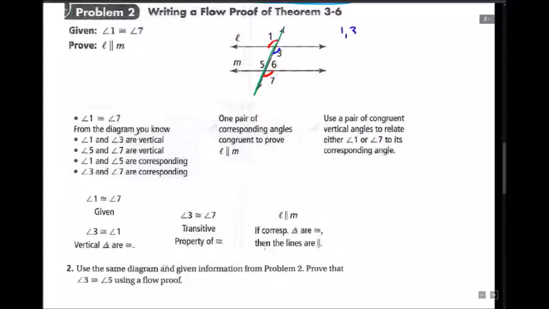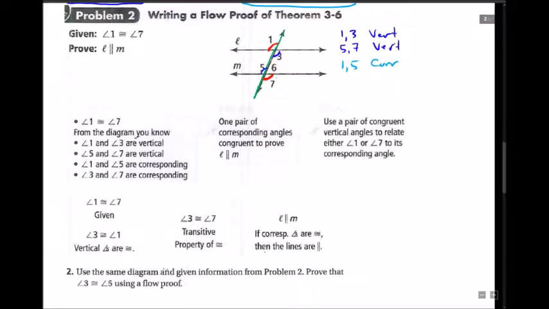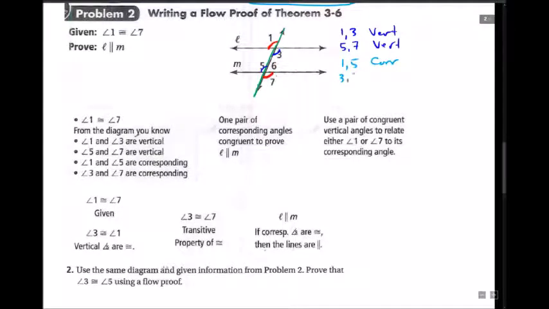I know that 1 and 3 are vertical angles, and 5 and 7 are vertical angles. And what else do you see? 1 and 5 are corresponding angles. Oops. And 3 and 7 are corresponding angles.